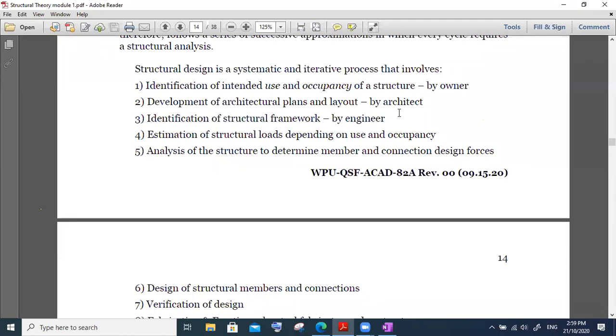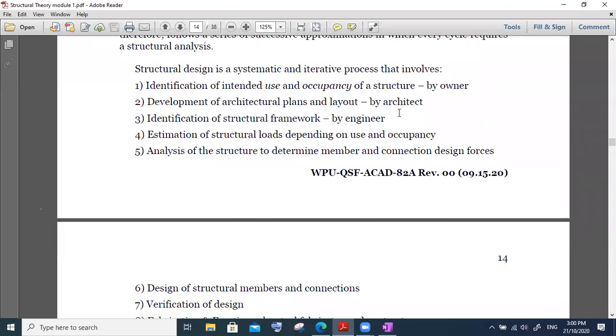Hindi yung ikaw, parang kunwari sasabihin mo, uy, may pera ka naman, patayo ka naman ng condo, magpatayo ka naman ng mall, baka gusto mo magpatayo ng bahay. Hindi ikaw yung nagde-dictate. Si owner yung nag-identify ng use and occupancy ng structure.